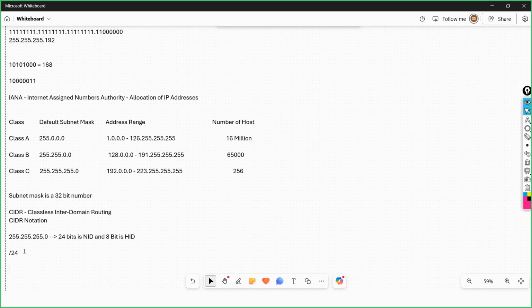Now, if I have a subnet mask 255.255.0.0, can anyone tell me what will be the CIDR notation for this subnet mask? Please put it in the chat box. Ala and Ahmed say slash 16.